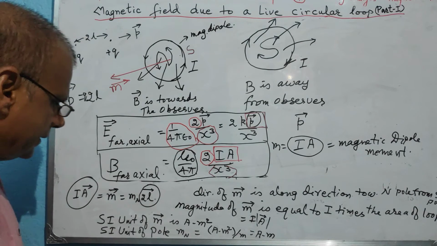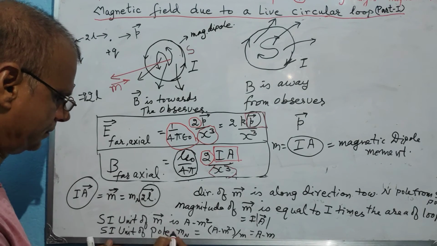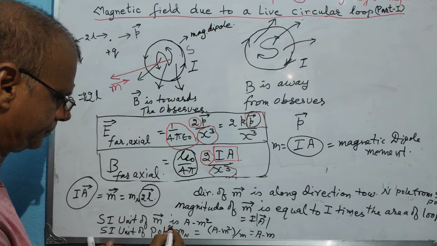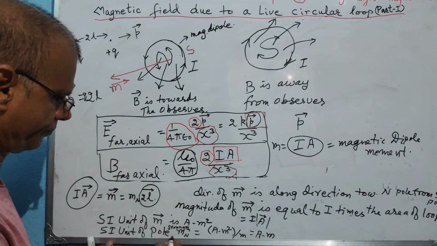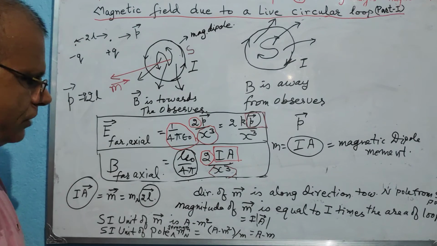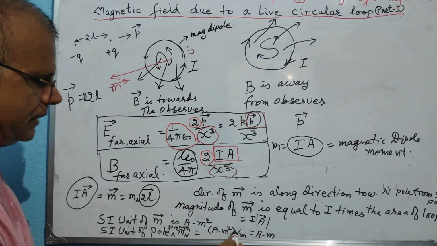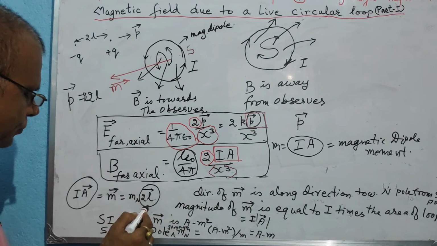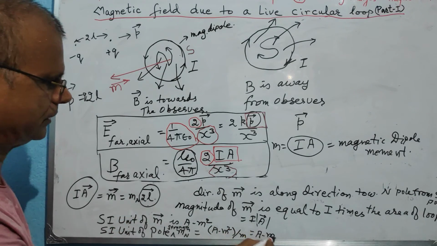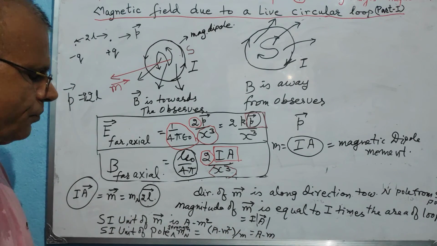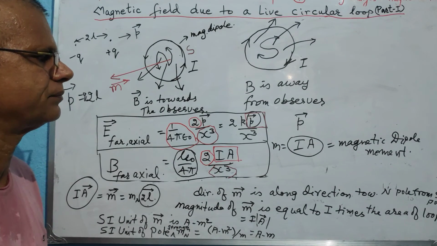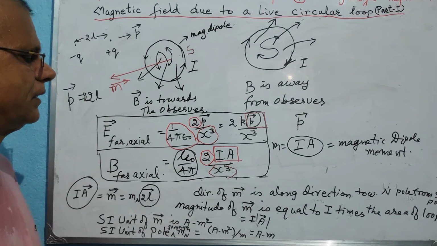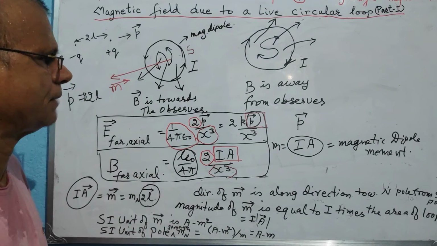So you got the SI unit of pole strength. Pole strength Mn is equal to ampere meter square divided by 2L, and 2L is in meter, so you get ampere meter. So we got the SI unit for pole strength of the magnetic dipole, and we got the expression for magnetic dipole moment.